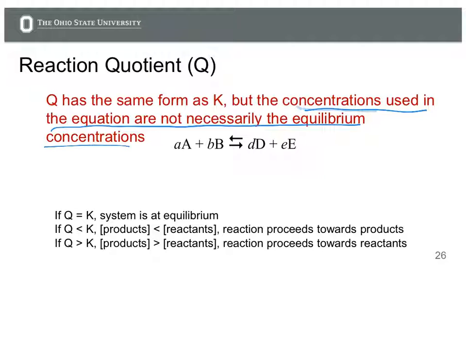You may be asked, is this reaction at equilibrium? You have to use Q instead of K, even though Q is simply calculated the same way as K is. It's just a way to sort of signify the difference there.